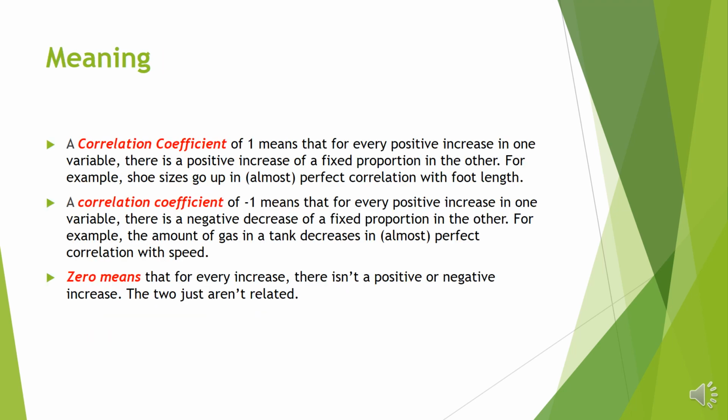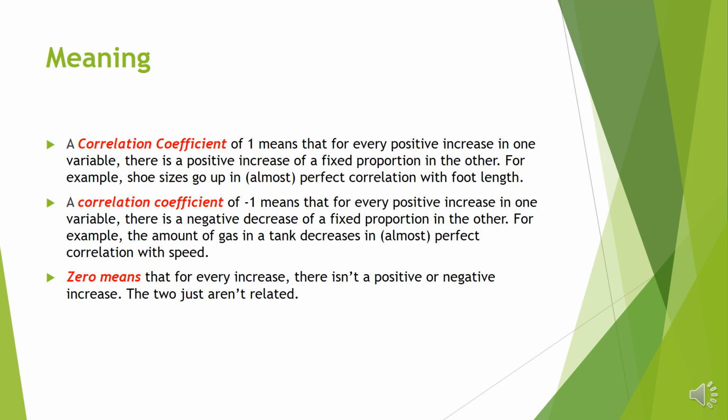Meaning, a correlation coefficient of 1 means that for every positive increase in one variable, there is a positive increase of a fixed proportion in the other. For example, shoe sizes go up in almost perfect correlation with foot length.